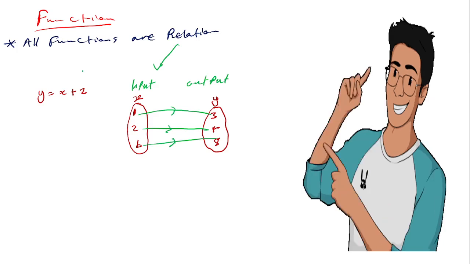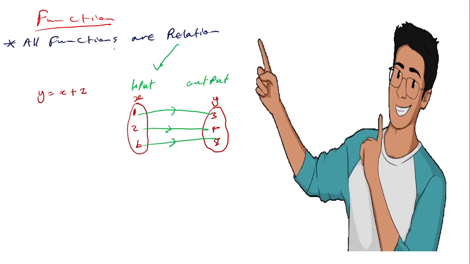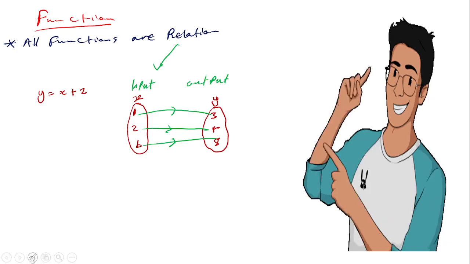Now, when you talk of a function, a function is simply a relation, and a function has the input, which we call the domain, and the output, which we call the range. Let me write what I've just stated.